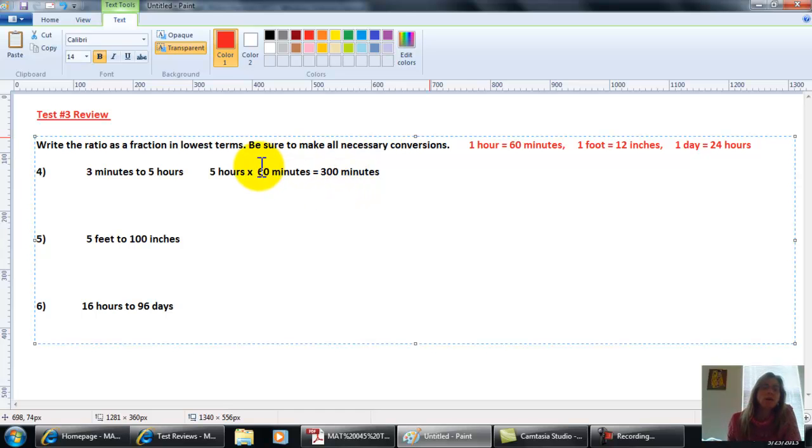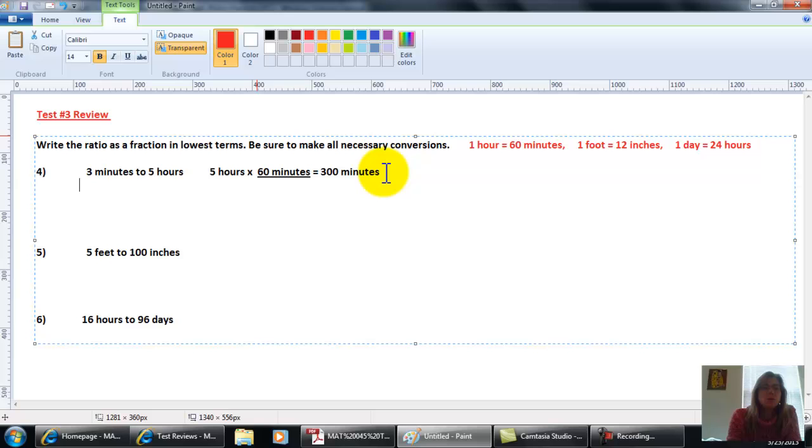Now I know that it's going to be minutes because this conversion factor is really written over the 1 hour, because it's 60 minutes in 1 hour. So it's like you're multiplying 5 hours times the fraction 60 over 1.